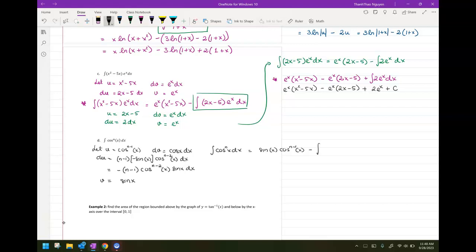The integral of v du equals, and we have a negative 1 out front, so we make this positive, so that is n minus 1 times the integral of sine squared of x cosine to the n minus 2 of x dx.